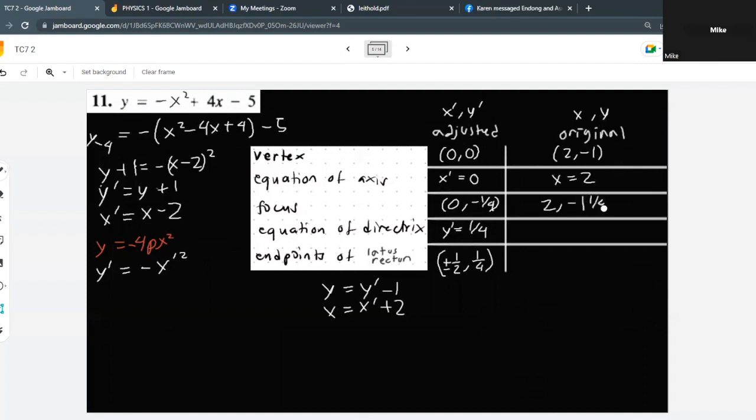And then yung latus rectum is going to be, so yung endpoints, plus or minus 1/2.